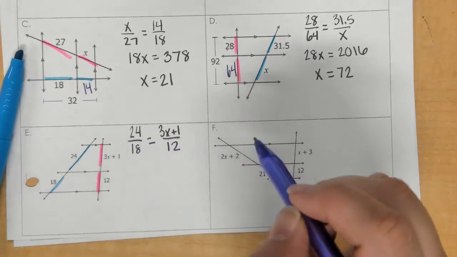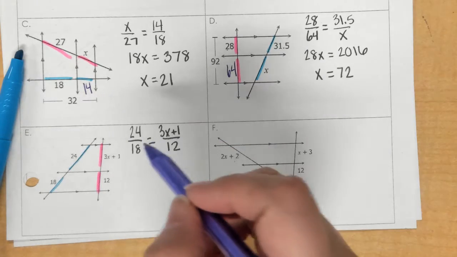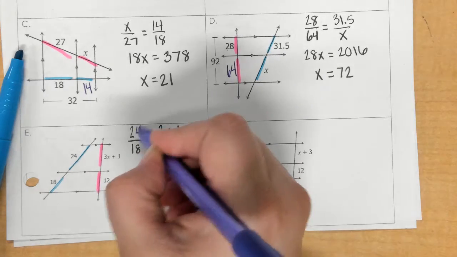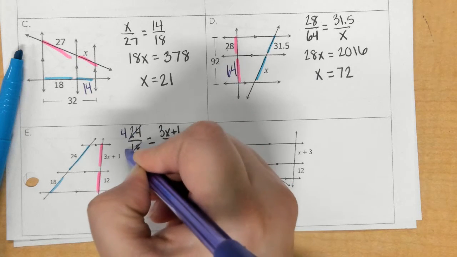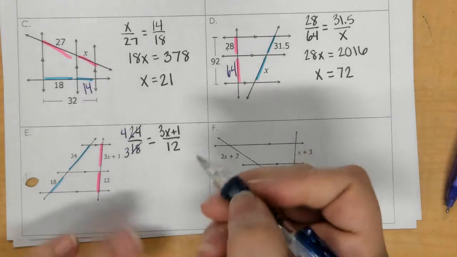And 24 and 18 are obviously divisible by 6. So I would divide those by 6 and get 4 thirds. And then it would help me solve.